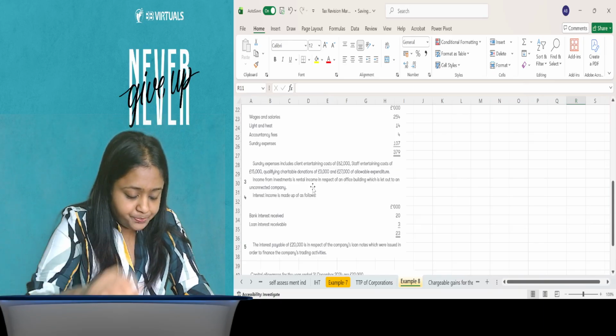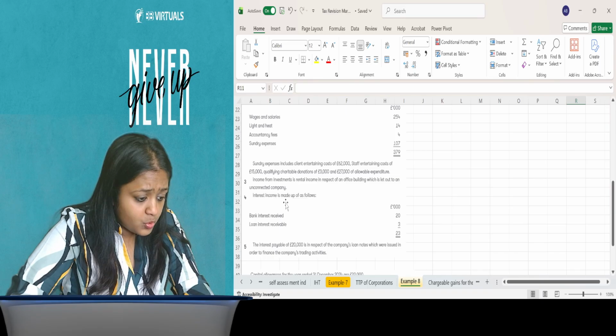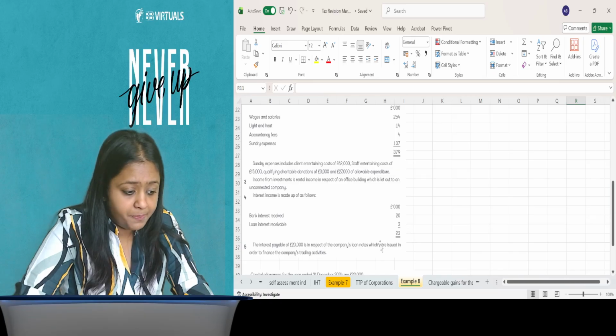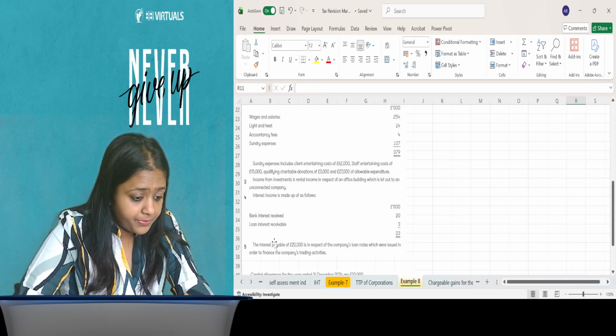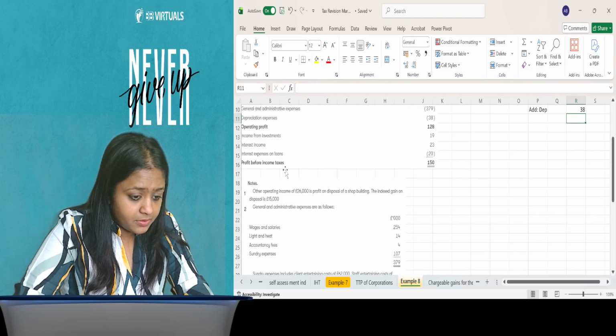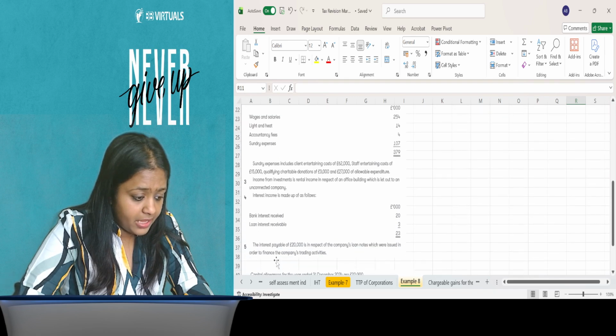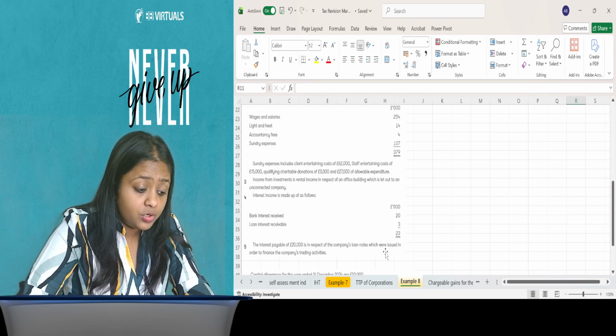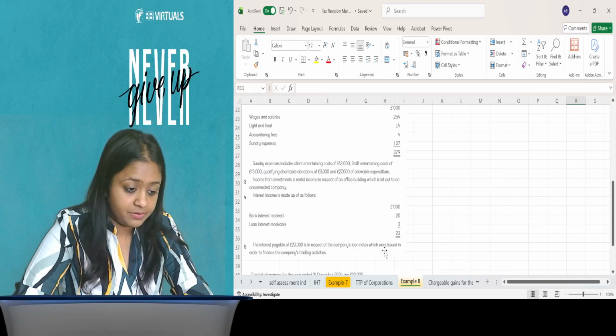Interest income includes bank interest receivable, loan interest receivable. Again, it will not be part of the income here. And yeah, then we have interest payable of 20,000 in respect of the company's loan notes which were issued in order to finance the company's trading activities.